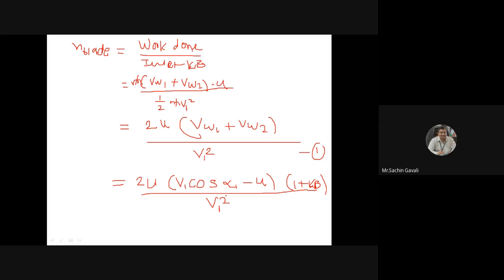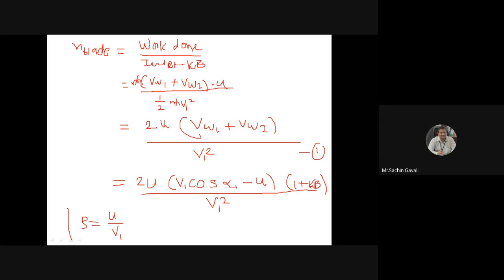Now what we have done afterwards, we have defined one constant, that is the blade speed ratio, blade velocity to steam velocity ratio, rho, which is equal to U upon V1, blade to steam velocity at inlet.